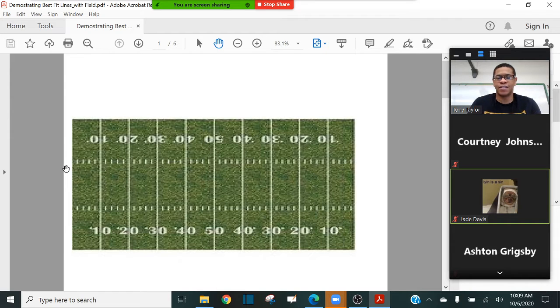So my walker will start here. If we call this the zero end of the field, the 0 yard line, they will walk all the way here to the 100-yard line, because the football field is 100 yards. And my runner would do the same. My runner would start here, and they would run from the 0 yard line all the way to the 100-yard line.